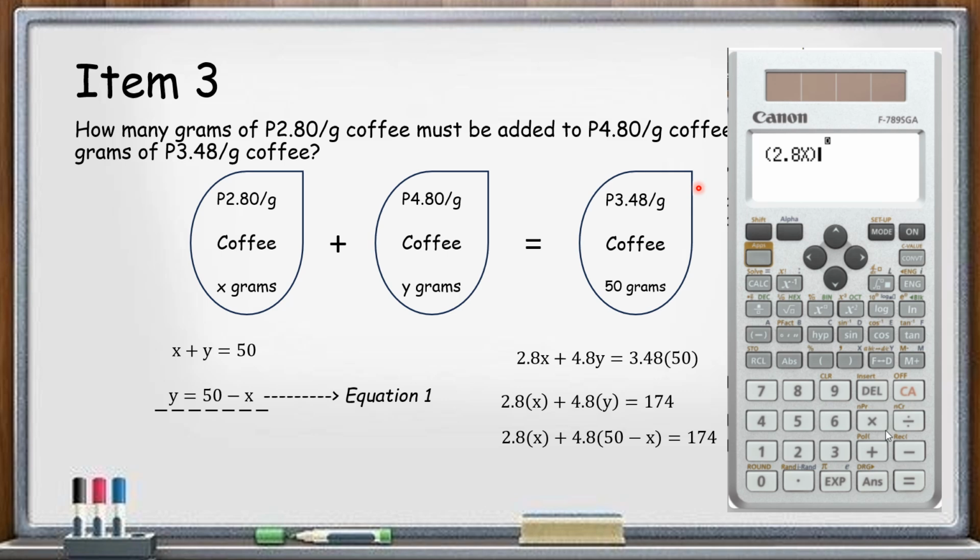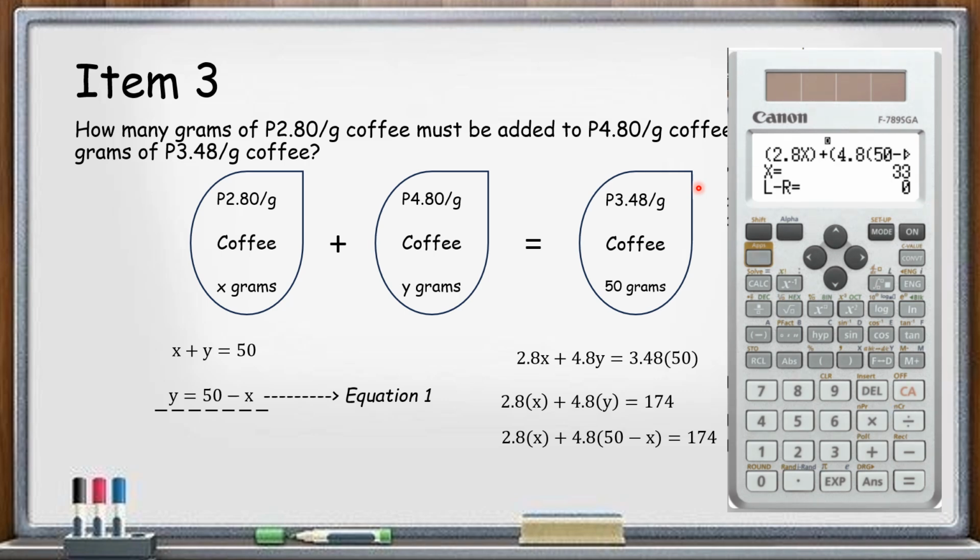So we have 2.8 times x plus 4.8 times 50 minus x, keeping in mind the number of parentheses, equal to 174. Shift solve. There we go.